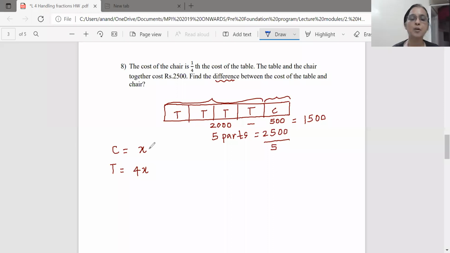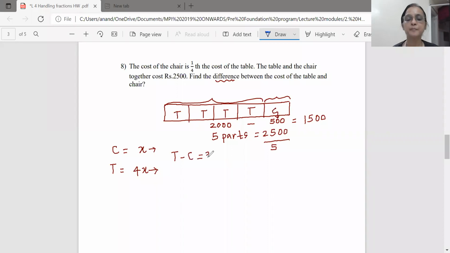Cost of the chair is x rupees. Cost of the table is 4x rupees. Here what we did, cost of the chair we took as 1 compartment. Cost of the table is 4 times that of chair. So we took 4 compartments, and 5 compartments is 2,500. So 1 compartment will be 500. So chair is 500. So table is 2,000. Here table minus chair will be 3x.